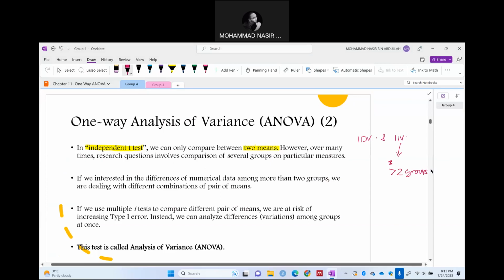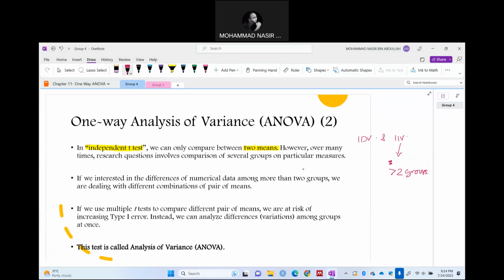The purpose of one-way ANOVA is that we want to determine whether there is a significant difference between the groups, between these three or more groups.